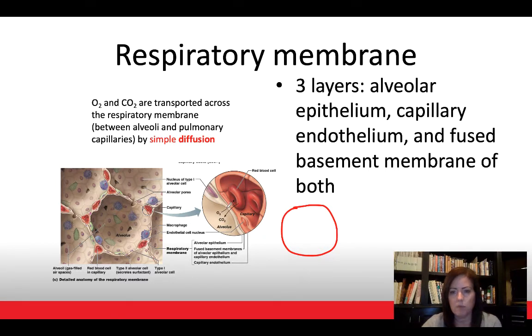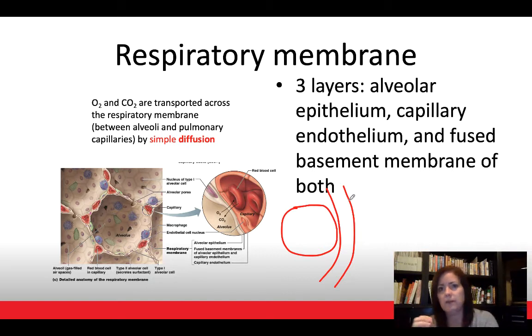Then we've got the capillary that's basically traveling right beside the alveoli. If you think back to blood vessels, what's specific about capillaries is that they only had one tunic, the tunica intima, and that tunica intima was formed from simple squamous endothelium.